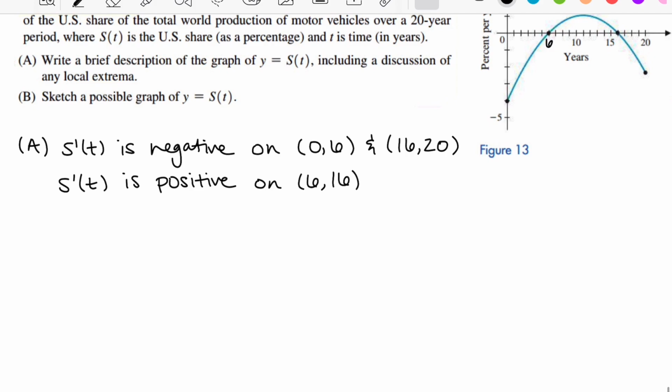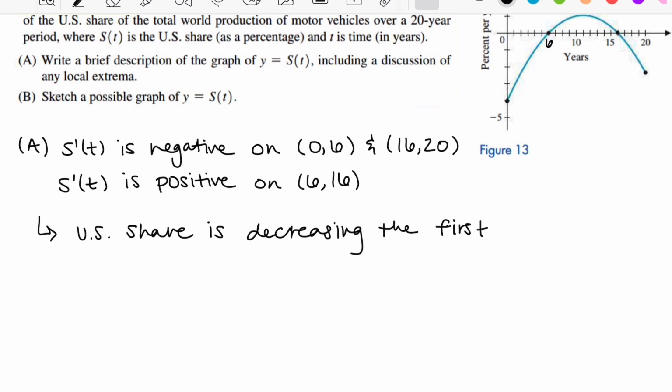All right, so just based off of that information, this tells us that the US share, so remember the US share is going to be S of t, is decreasing the first 6 years, because we know that S prime of t is negative from 0 to 6.